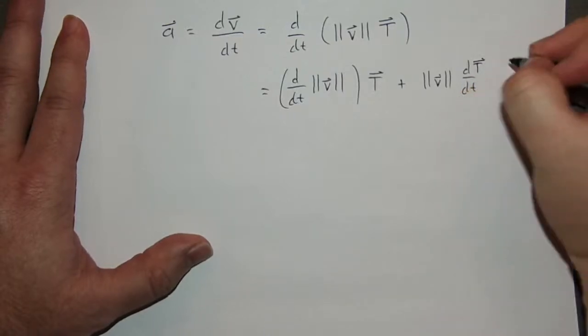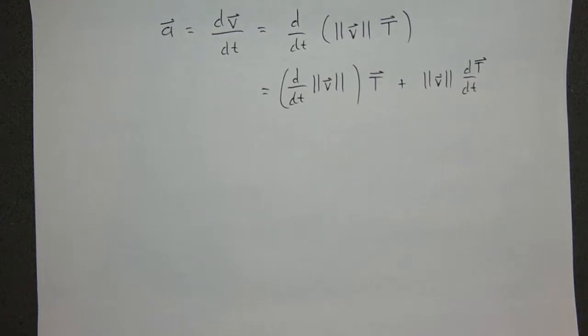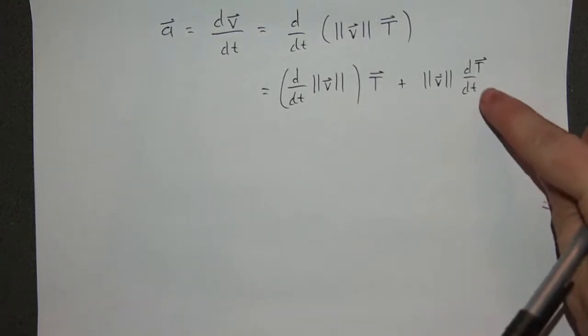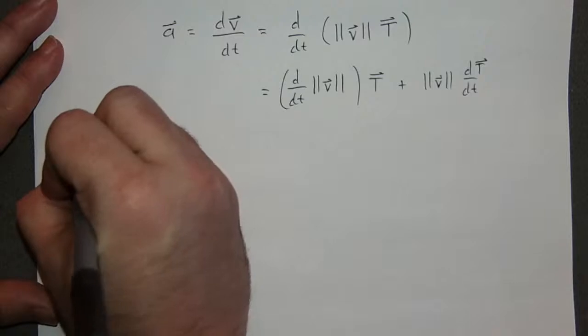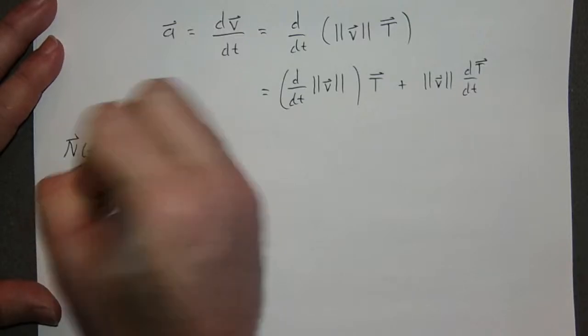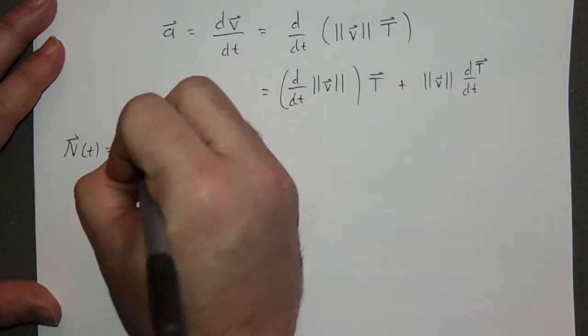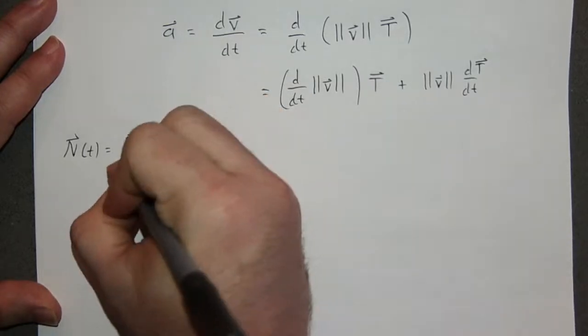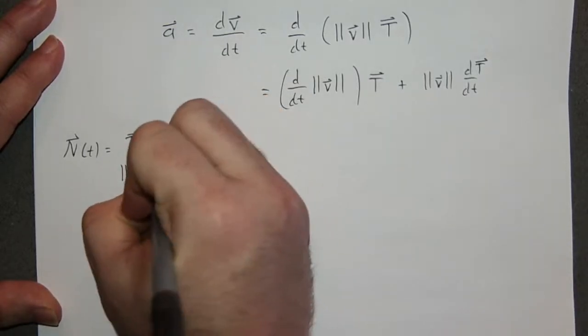So this is dT/dt. Here I'm going to use that same trick. Recall that the normal vector N of t is T prime of t over the length of T prime of t.